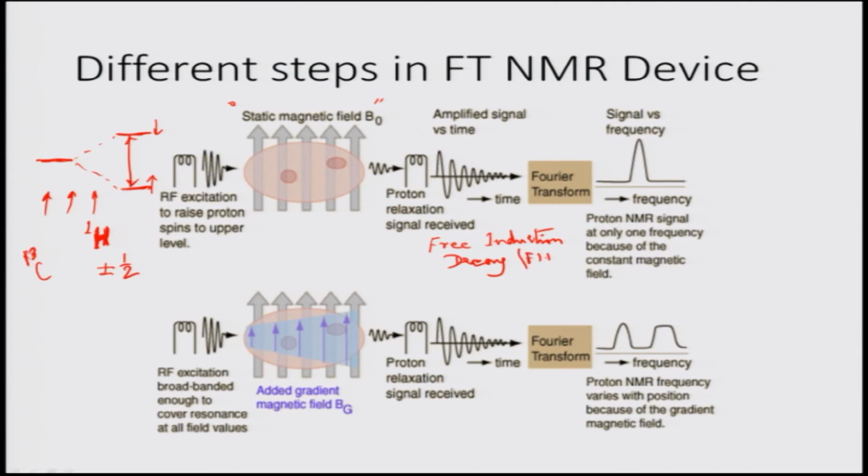Once this signal is Fourier transformed, we get the proton NMR signal at only one frequency because of the constant magnetic field.